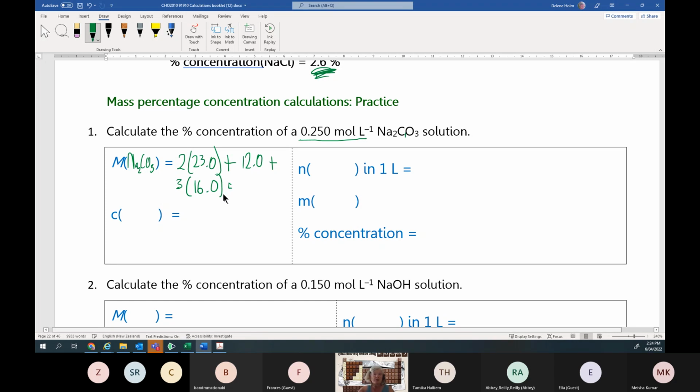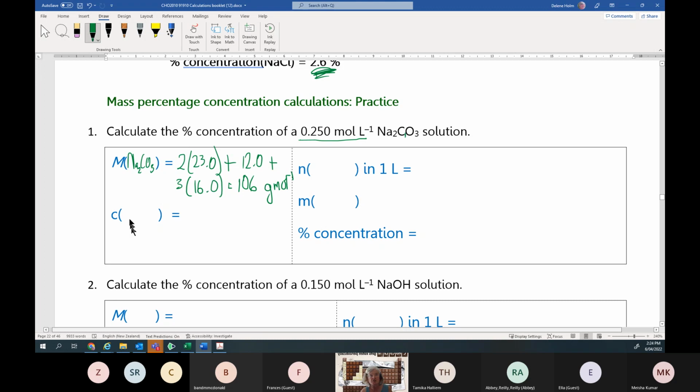So my molar mass is going to be, and hopefully one of you lot have beaten me and have already worked out, 106. Now remember, always units, grams per mole.